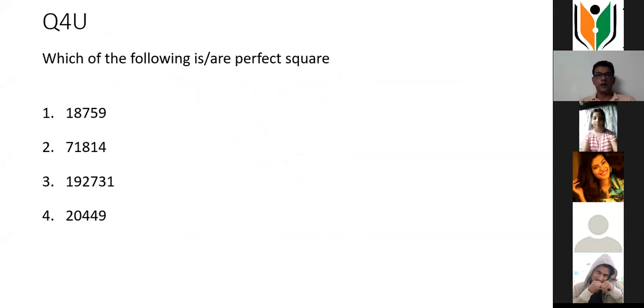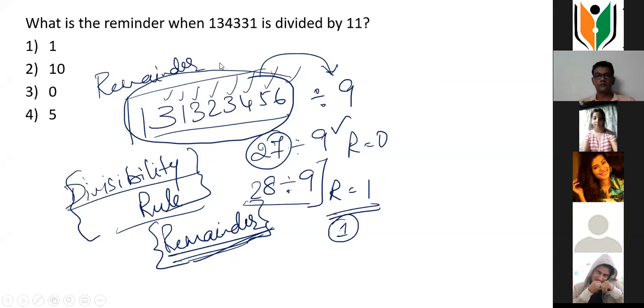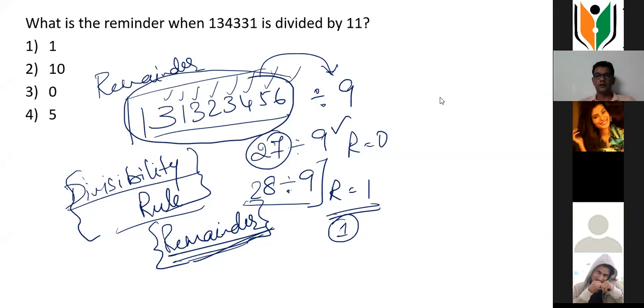I have a doubt. Yes, please. I'm Indrija. The question before, this one. The digits are 1, 3, 4, 3, and 1. I first took 1 plus 4 plus 3, which is equal to 8. That was divided by 11 is what you're talking about, right?